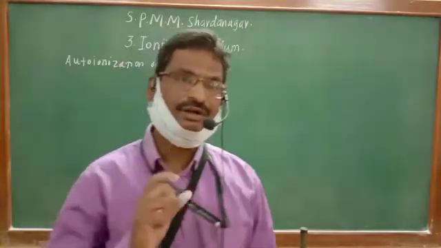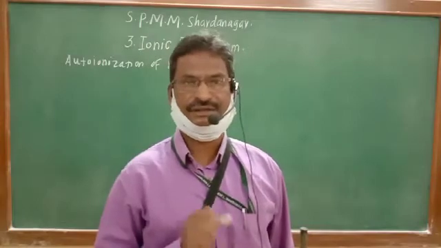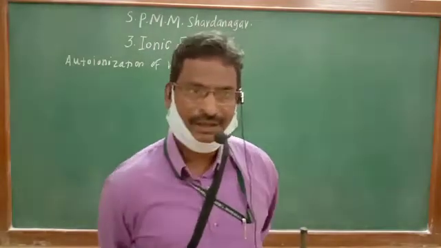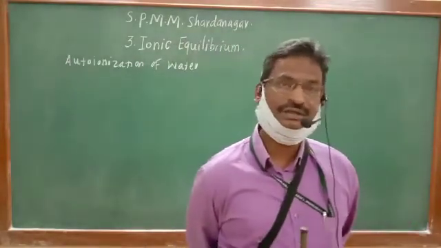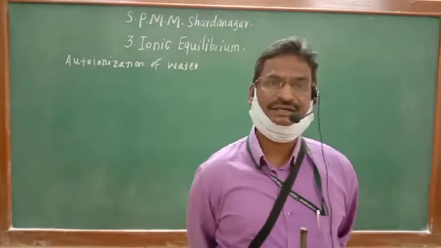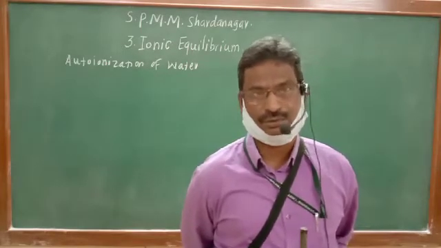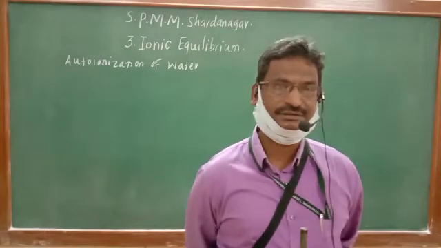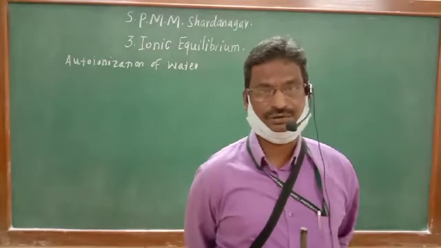The most important one we are taking as a reference is the Lowry and Bronsted theory. According to Lowry and Bronsted theory, acids are the substances which are capable of donating a proton. Bases are the substances which are capable of accepting a proton.